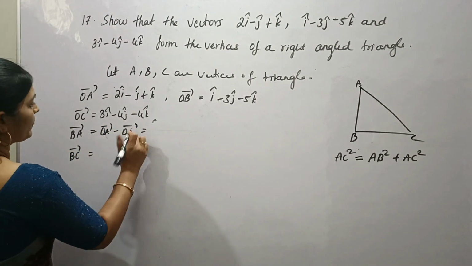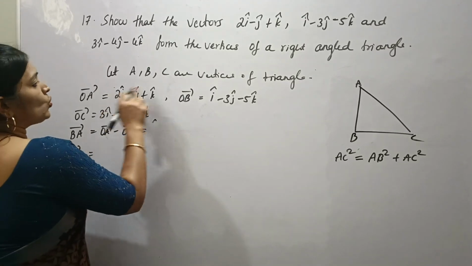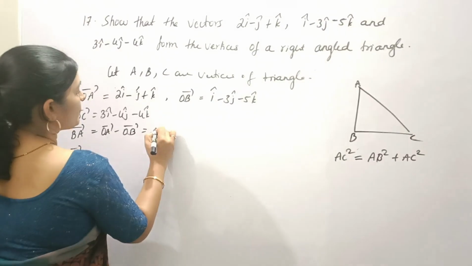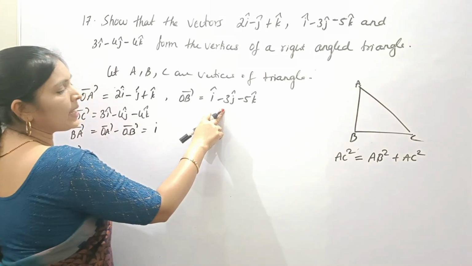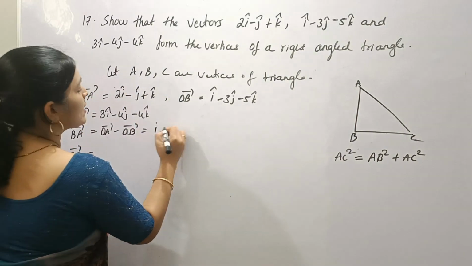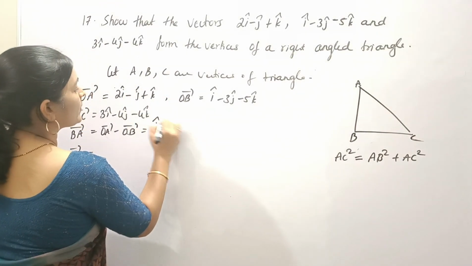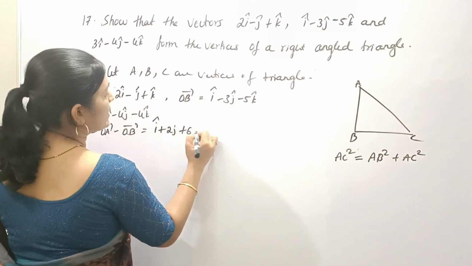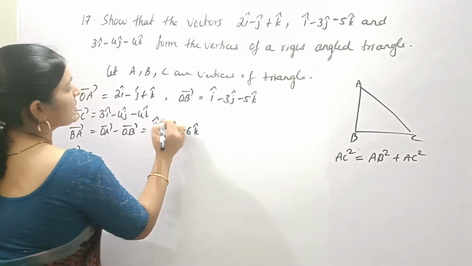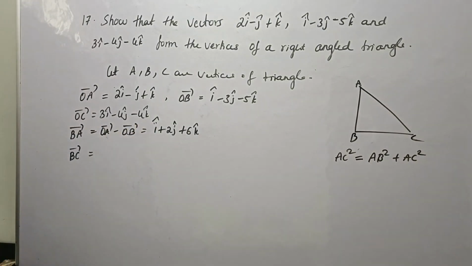So 2 minus 1 is 1 i, minus 1 minus minus 3 is minus 1 plus 3, so plus 2j, and 1 minus minus 5, so plus 6k. So it is vector BA.